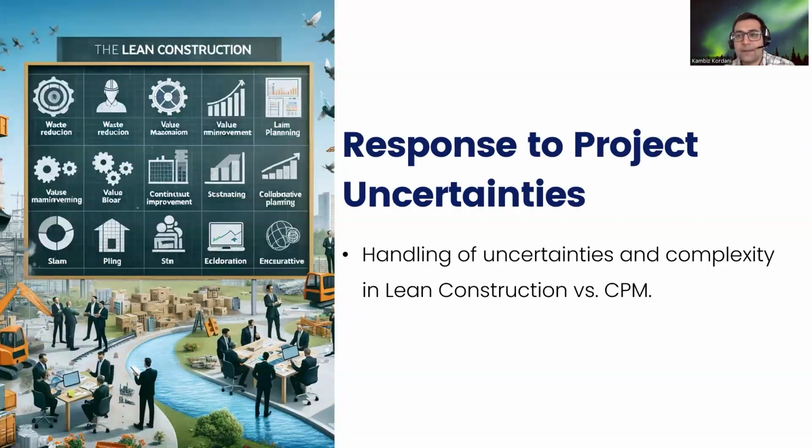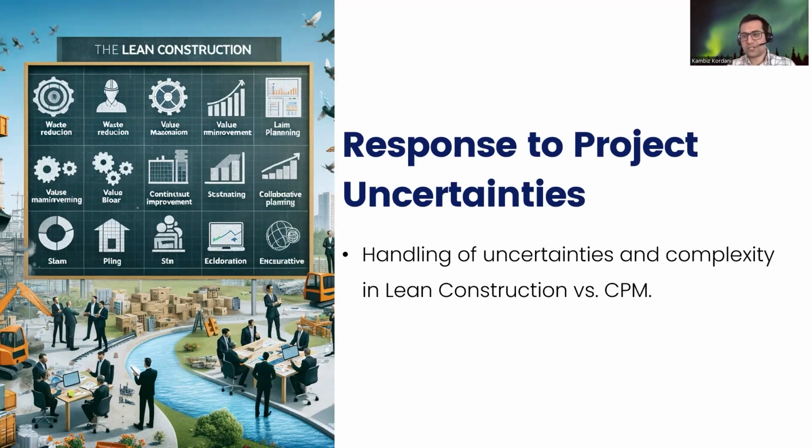And also response to project uncertainties and complexity. The dynamic nature of construction projects, especially in developing countries, requires methodologies that can adaptively handle uncertainties and complexities. The Last Planner System's iterative planning and feedback loops allow for continuous adjustment and learning, and make it well suited to address unforeseen challenges.